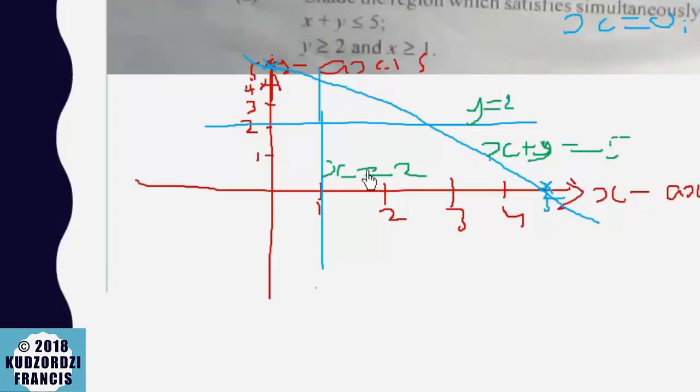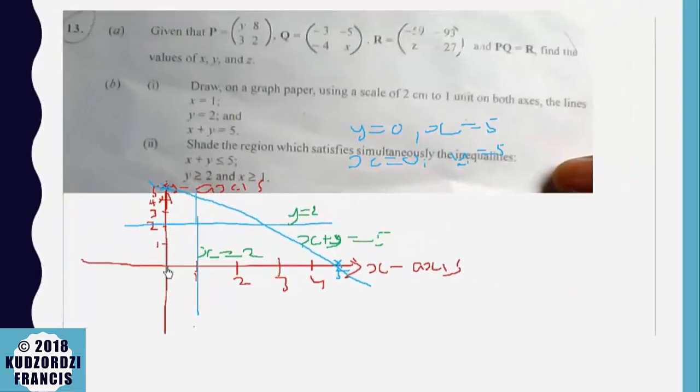Now we are going to shade the region. So to do that, we need to test for points that satisfy the inequalities.